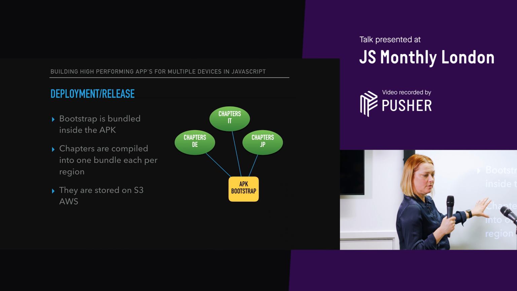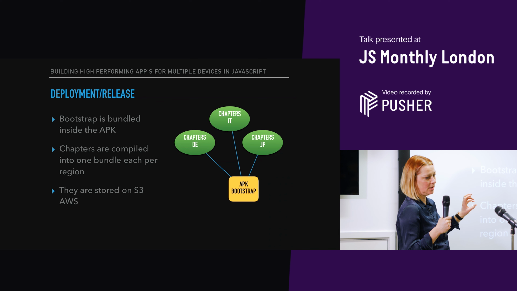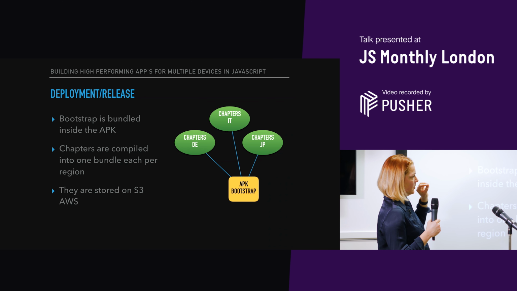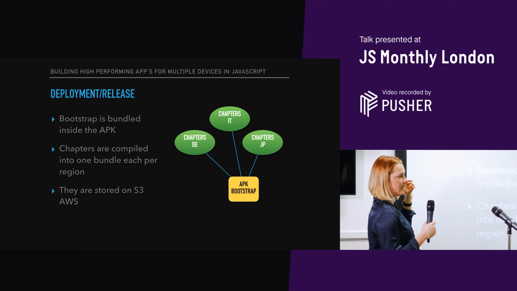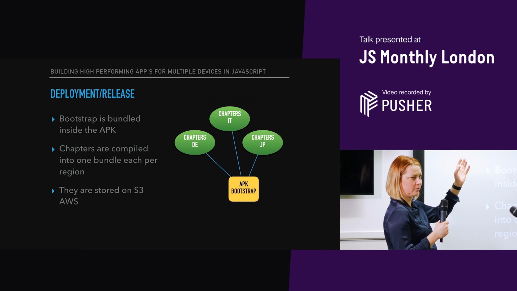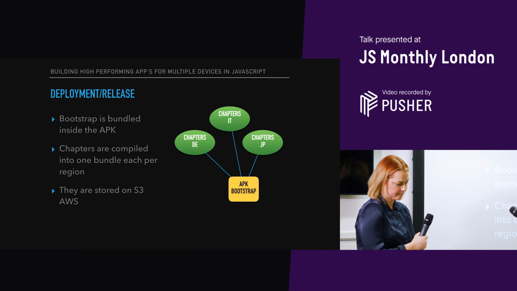What is important during our build and deployment is that we are not compiling at runtime. We have a number of bundles that are placed in different folders by region and by chapter. So Bootstrap would reach for the static files and download them.